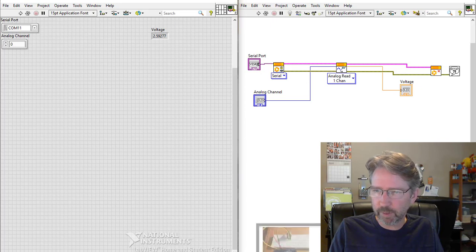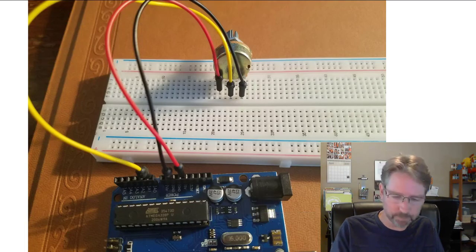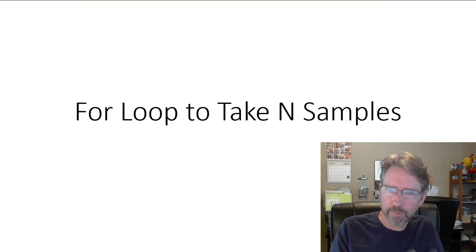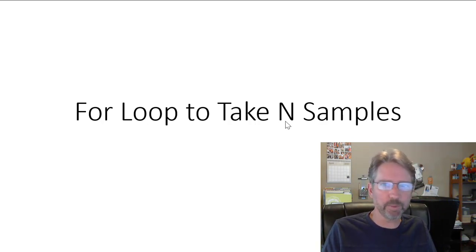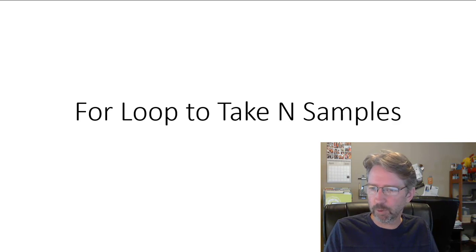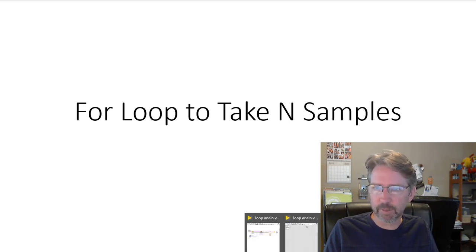So if we see what our goals are, the first goal is to take n samples, like 10 samples or 1,000 samples, using a for loop. So we've seen the while loop before. We haven't done the for loop yet. So they're very similar.